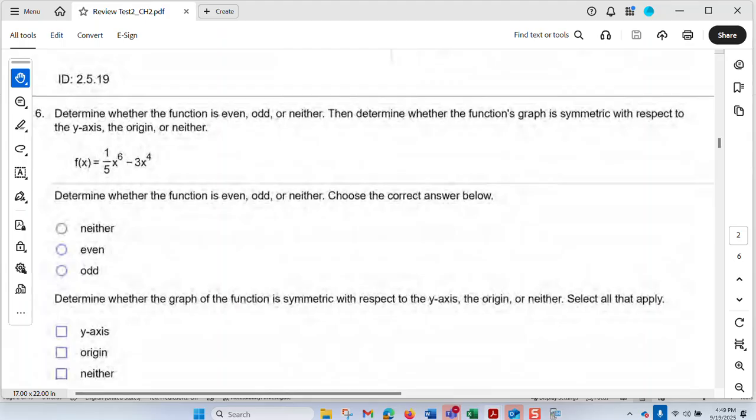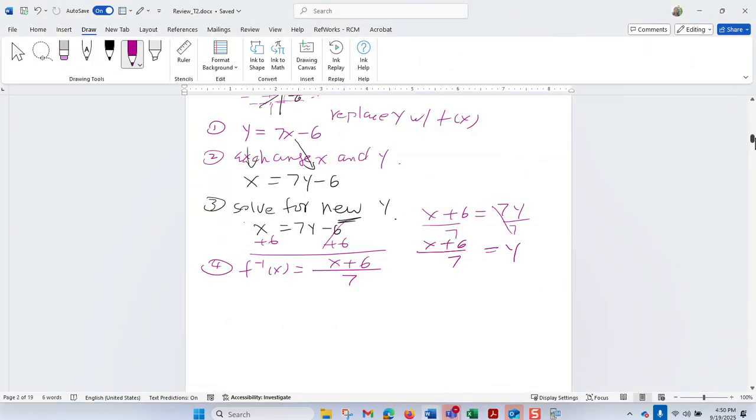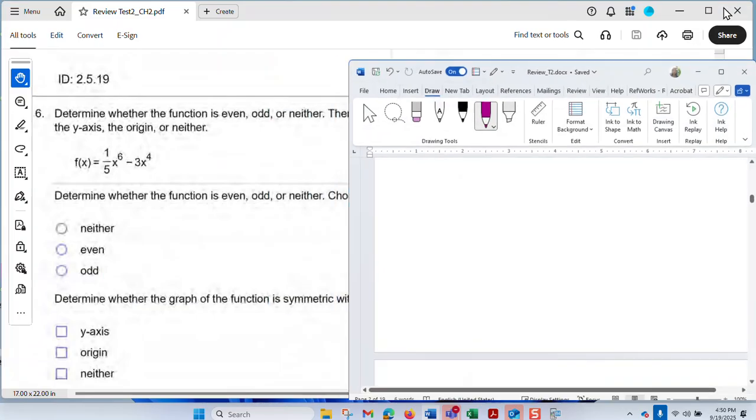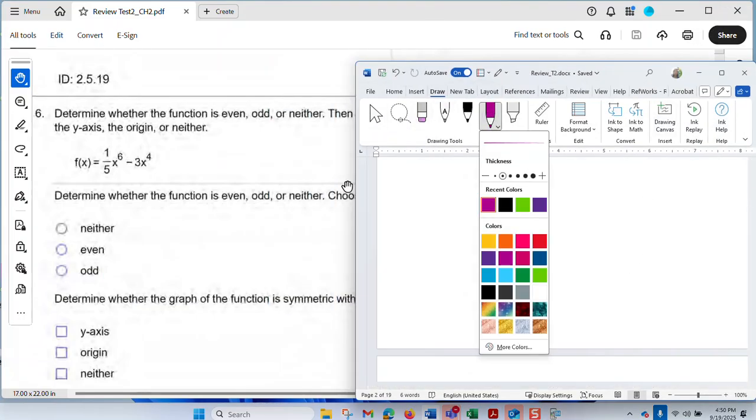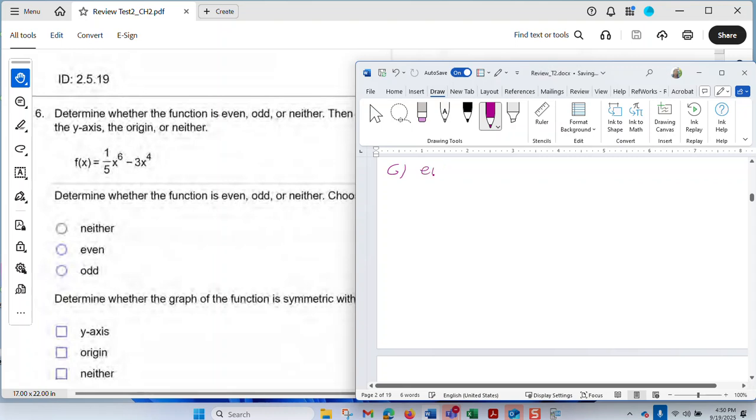Okay, number 6, you want to determine whether the function is even or odd, and which one is symmetric to what. All right, so that's a little bit of a characteristic for this chapter. Before you do this one, you have to know what an even and an odd function are.